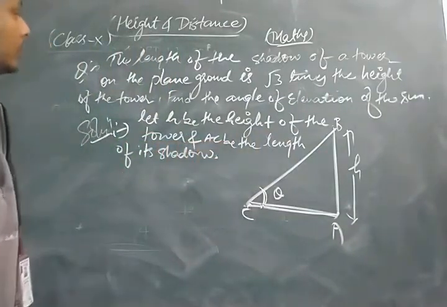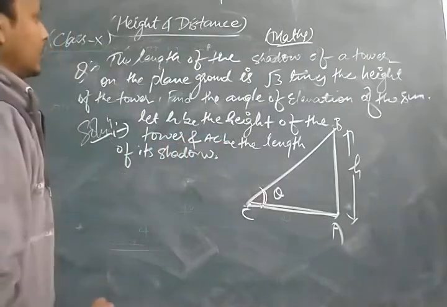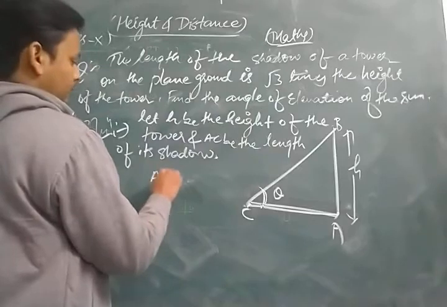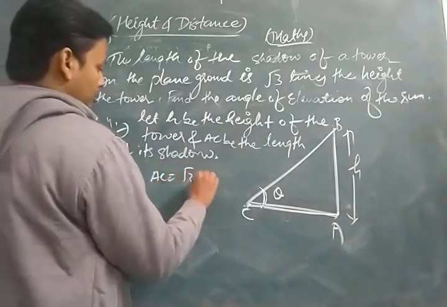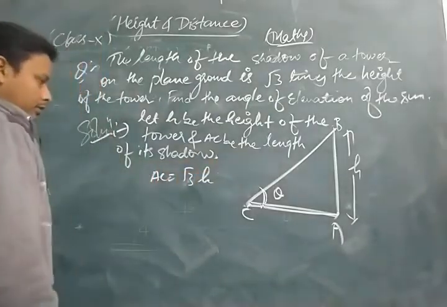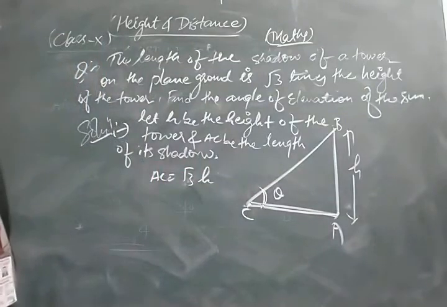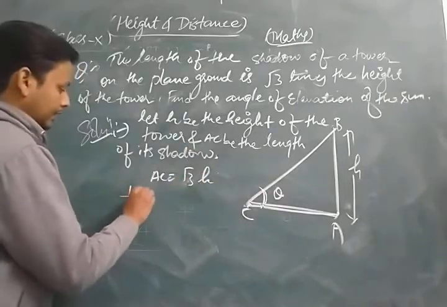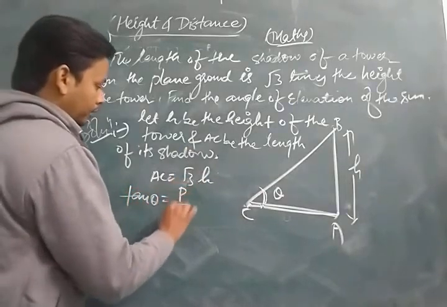Okay. Now, according to the question, the length of the shadow of the tower on the plain ground, AC, is equal to root 3 into h. Now find the angle of elevation. So we apply tan theta equals perpendicular upon base.